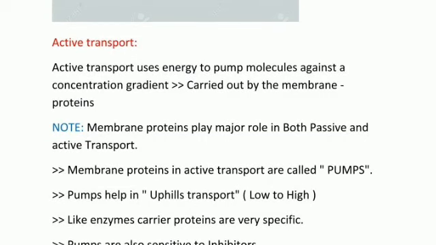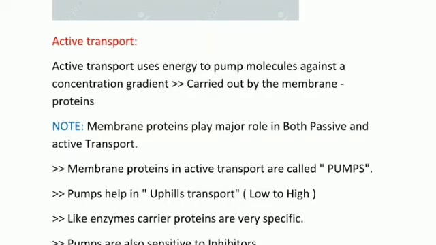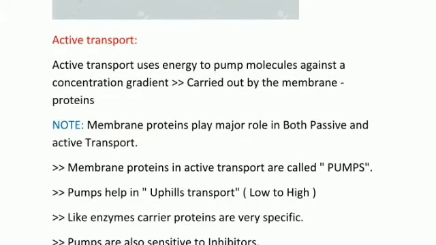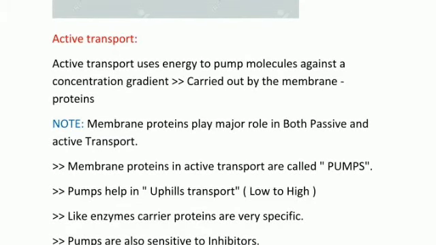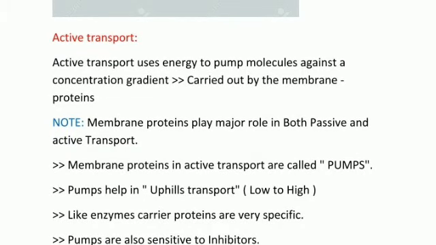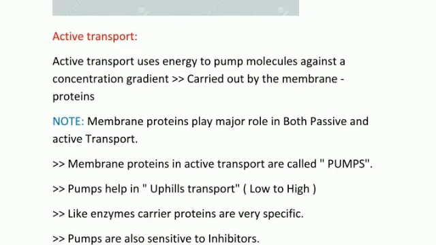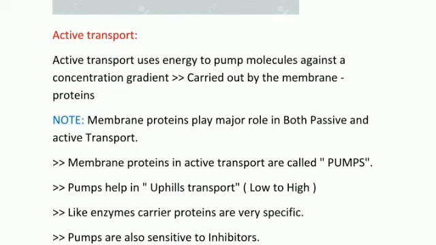are involved in active transport, which is using energy in the form of ATP. So the membrane proteins which are involved in active transport are called pumps. These pumps always help in uphill transport, or movement against a concentration gradient, that is from low to high concentration.